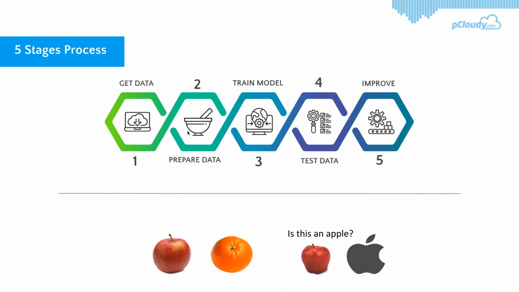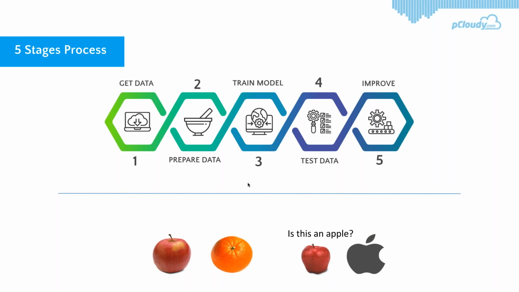Then you have to prepare it according to your model. Then you have to train the model. Then you have to test your model with sample data where you already know the answer, and check wherever the model has performed good and wherever the model has performed bad. And then you have to learn and improve. When I say learn and improve, the model is getting improved.